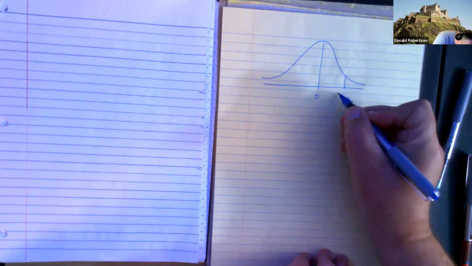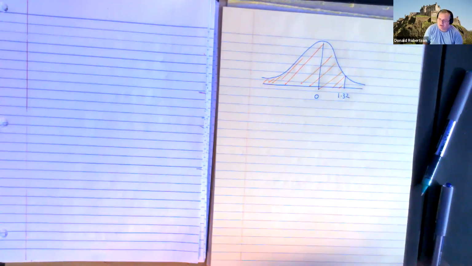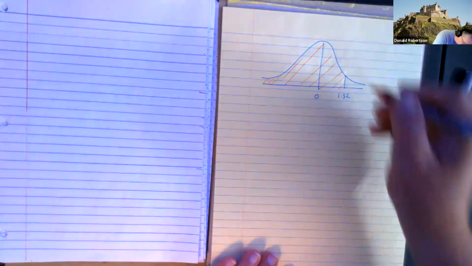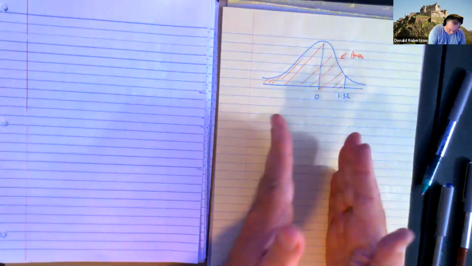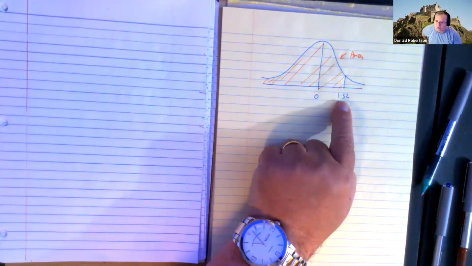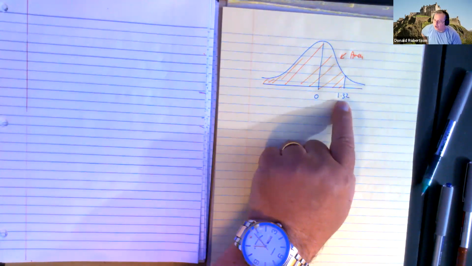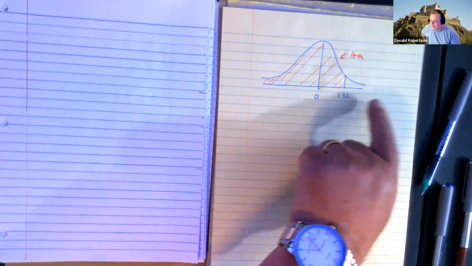Imagine I had a z-score of 1.32, and I would like to know what percentage of the area was 1.32 or less, right? That would be an interesting thing to know. And so we are going to find the area of this. And I can't do the 1, 2, 3 standard deviations because isn't 1.32 not a whole number? It's not 1, it's not 2, it's not 3.